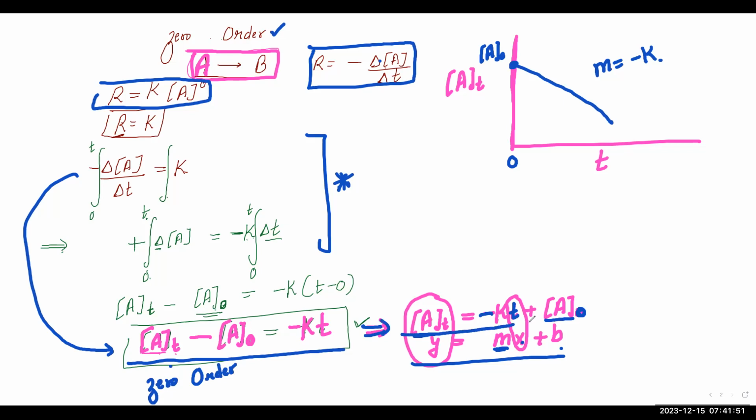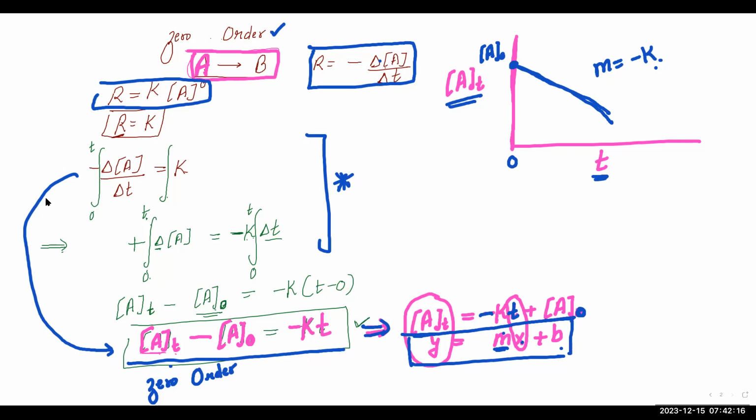This represents a straight line equation. A straight line equation means you can compare the coordinates. You know what is there on the y-axis, what is there on the x-axis. When you draw a graph, you get a straight line with negative slope, and the slope of the line is the rate constant.